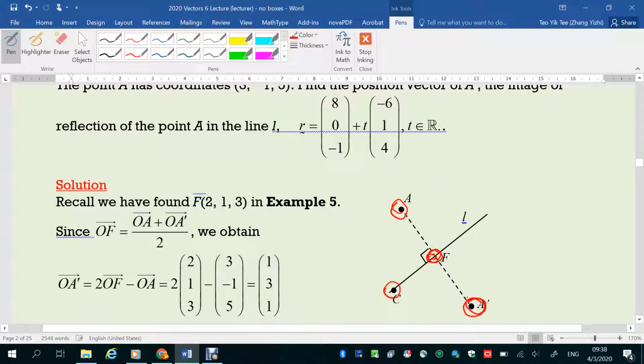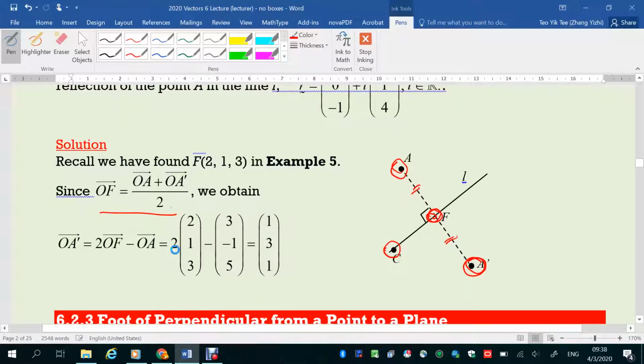If they are equidistant apart, can I just use the ratio theorem? That means OF equals (OA plus OA prime) over 2. Then put in everything numerically, and you have found the reflection of your point A in the line L. The main skill involved when you talk about reflection is your chapter 1 ratio theorem.